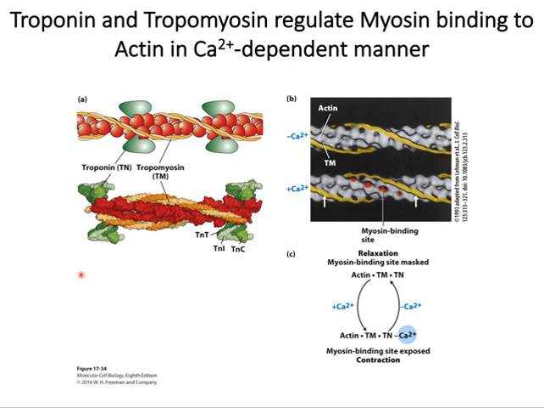The released calcium in the cytosol binds to the TnC portion of the troponin, which changes the conformation of the TnC and finally the TnI and the TnT. This conformation change moves the tropomyosin away from its original position, and you will see that in a minute.